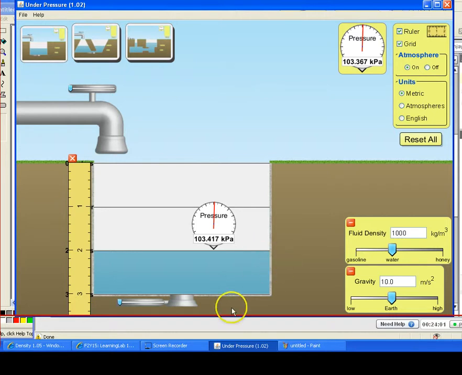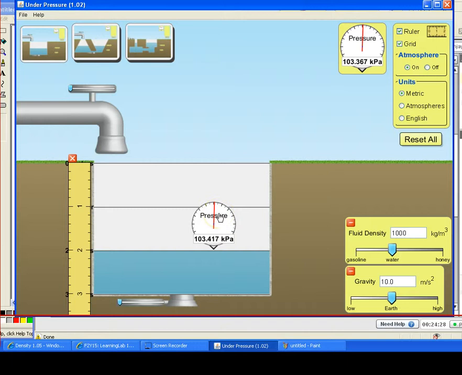Now let's estimate what should be the pressure reading we get when I take this pressure gauge to the bottom. It should be this pressure plus another 10 kilopascals, right? We just calculated that per meter of water there should be 10 kilopascals. But let's remember one more thing.